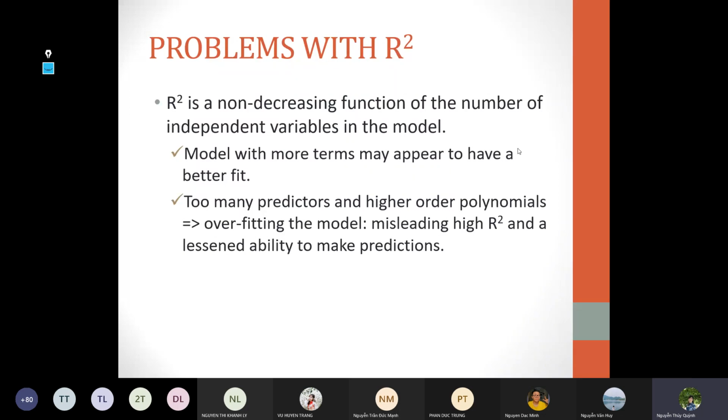But there is the case when the independent variable that we add into the model does not affect the value of the dependent variable in the population.